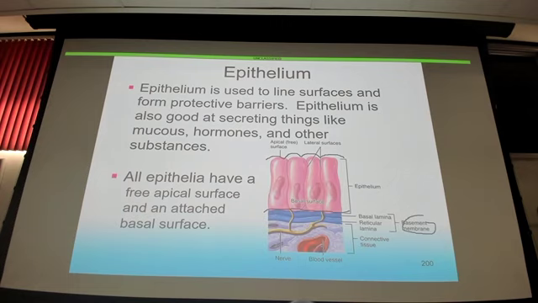Okay. Often with epithelial tissues, you'll see that there are secretions occurring there, such as hormones, mucus, a lot of times mucus, other substances. So if we looked at our cutaneous layer as an example, there's a basal layer that's anchored to the basement membrane, but this outer surface of the top cells would be the apical surface.